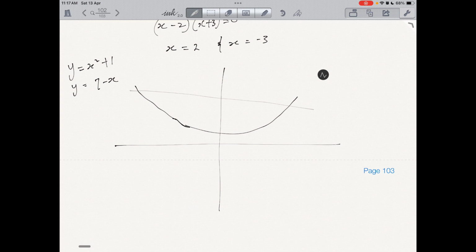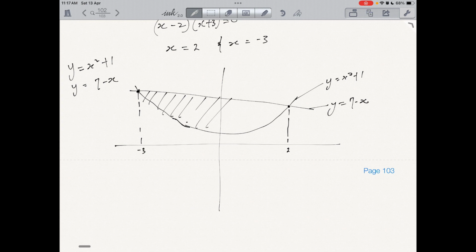Therefore, this point here is minus 3, and this point here is 2. This is the graph of y is equal to x squared plus 1, and this is the graph of y is equal to 7 minus x. And we are asked to evaluate the area between the two curves.